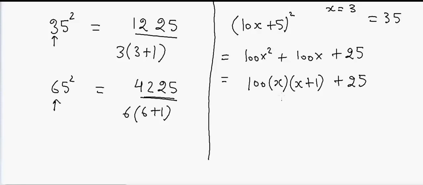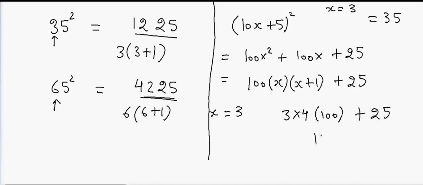So as you can see that we are taking the first digit and adding 1 to it, multiplying them, multiplying it by 100, and then adding a 25. So here if we have x equal to 3, then we'll get 3 into 4 into 100 plus 25.